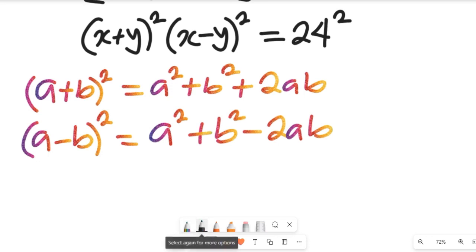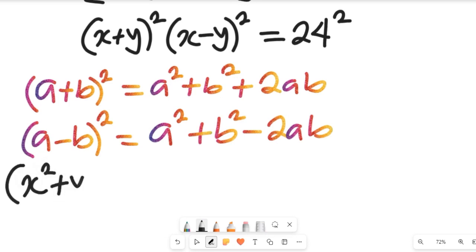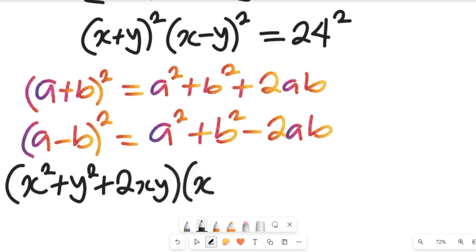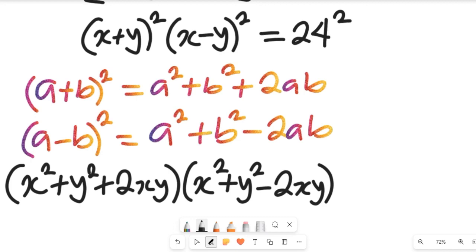If we apply that to that expression, it will give us x squared plus y squared plus 2xy, and then x squared plus y squared minus 2xy, and this will be equal to 24 squared.